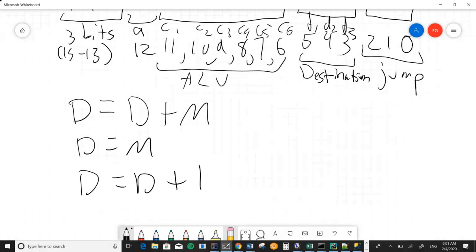In other words, I am not allowed to do this. Why not? Because plus 3 is not an ALU operation. But plus 1 is. And it all comes back to the bits.